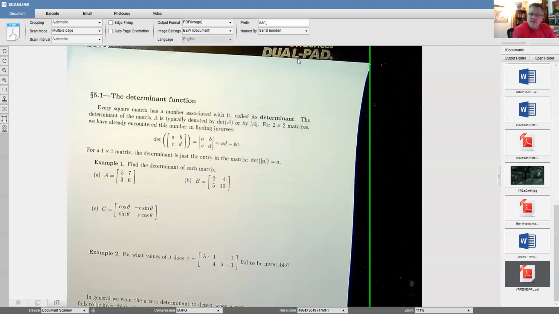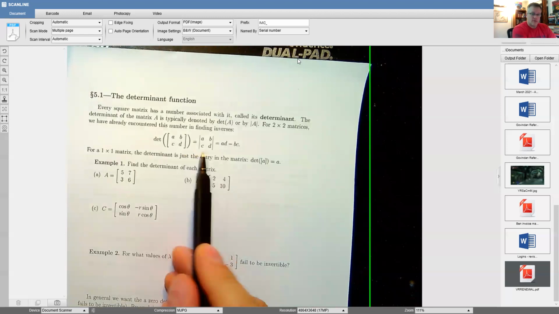We've already introduced this idea when talking about 2 by 2 matrices, right? At the very beginning of our discussion of invertibility, we didn't have the notion of a determinant. We wanted to wait until later to introduce that, but we wanted to get to the idea of an inverse, right? And so we introduced a very easy formula for computing the inverse by doing something to the matrix A with the diagonals and dividing by this number.